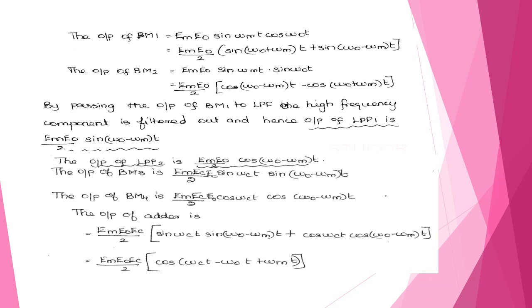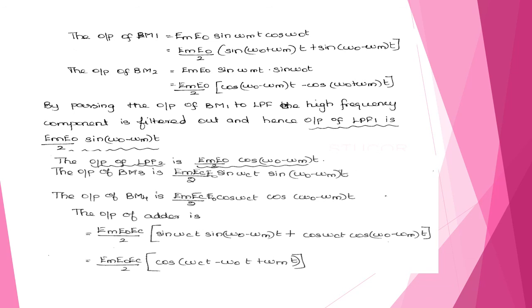So we have passed the output of BM1 to the low pass filter, so the high frequency component is filtered out. So the output of LPF1 is Em E0 by 2 sin (omega naught minus omega m) t. So the output of LPF2 is Em E0 by 2 cos (omega naught minus omega m) t.